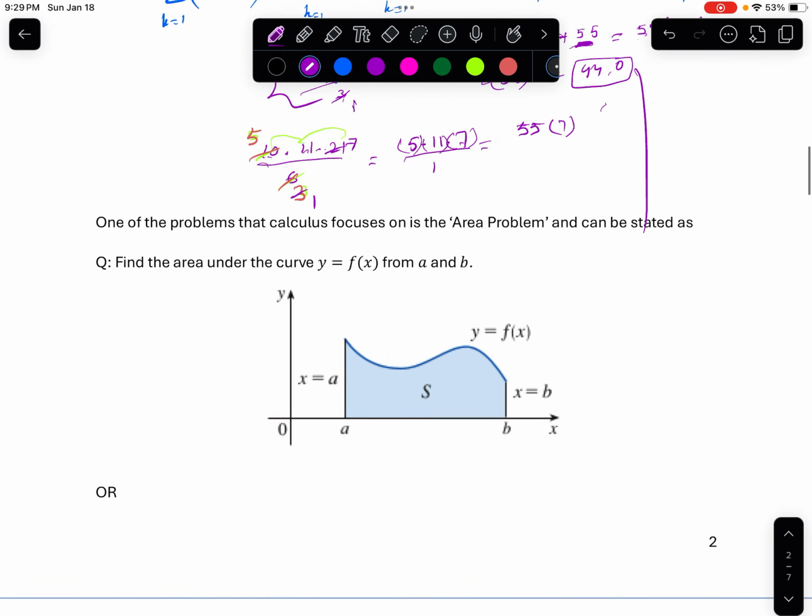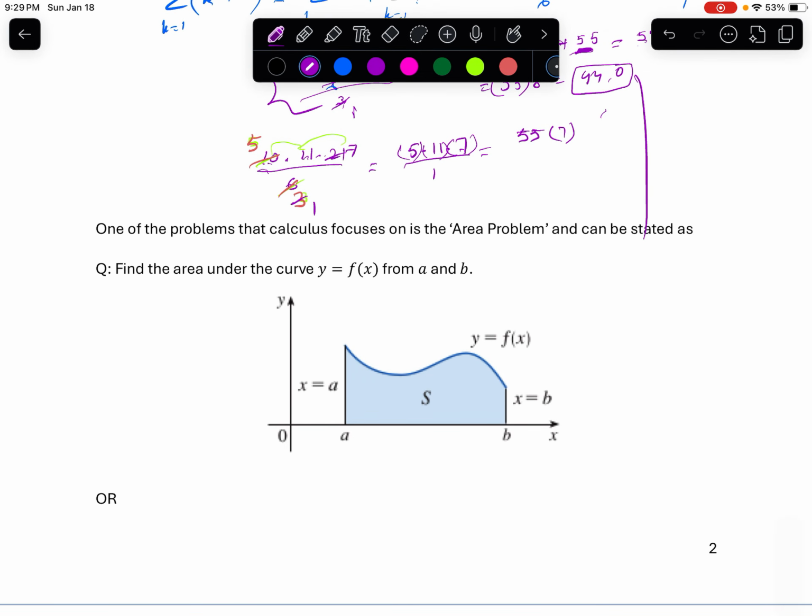Okay, so now we come back to our area problem. As I mentioned earlier, among a few other problems that kind of created calculus, one of them was the area problem.